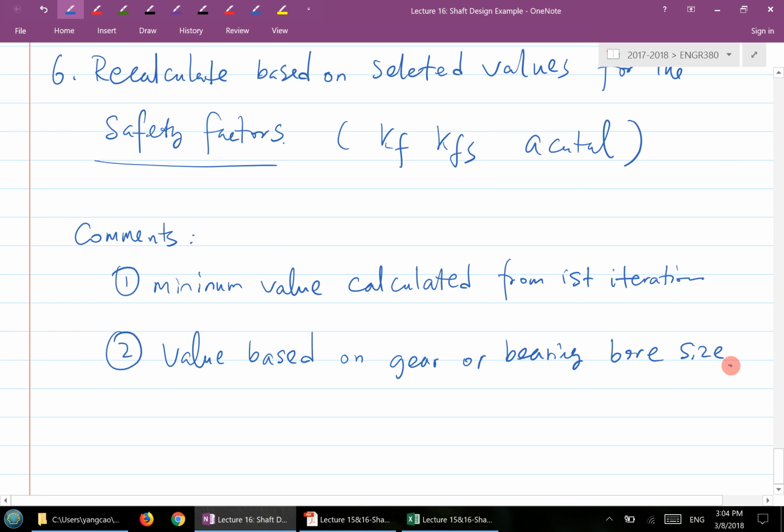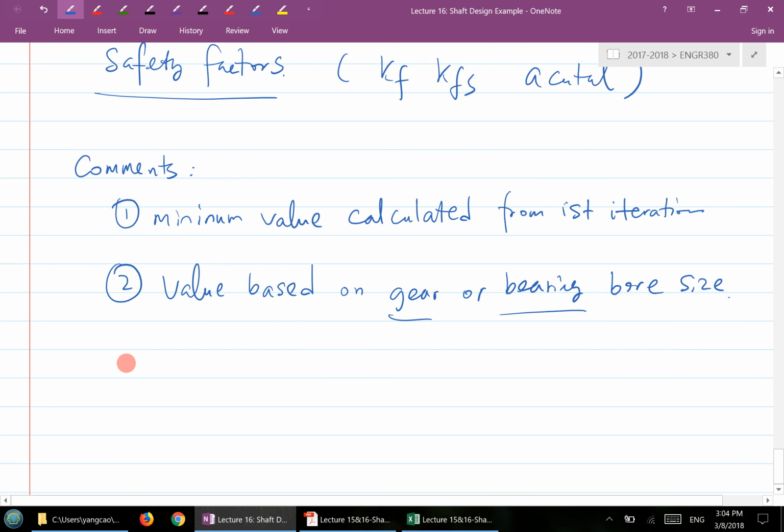If you pick a commercially available gear that has a decided bore size already, which you can't change, then you need to bump up your shaft size. Your shaft will carry the gear, and the shaft will carry the bearing. So the commercially available bore size should be considered when you make a decision on the shaft size.